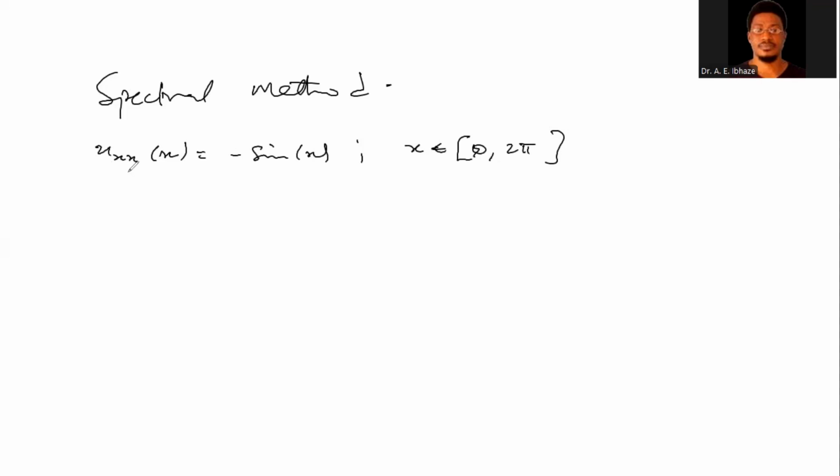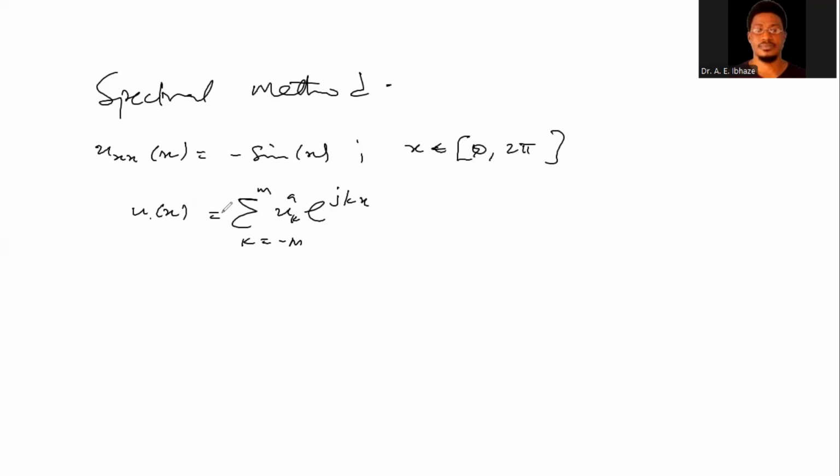So we could represent this as u of x being the same as the sum over k from negative m to m of u sub k hat e^(jkx), okay? And here, the series is truncated at some mode m, okay?